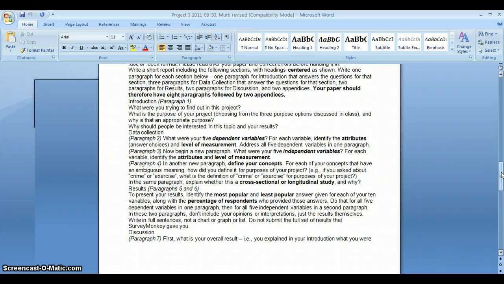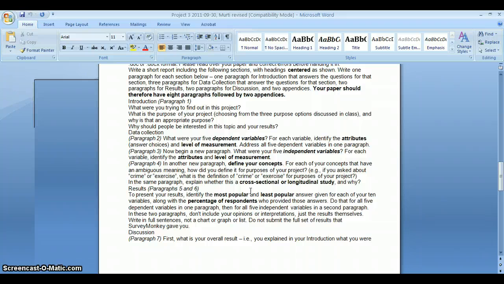You're introducing your topic, saying why it's interesting, what you were trying to find out, what was the purpose, and then data collection. This is where we get to the specifics of your survey. You answer in paragraph 2, what were your 5 dependent variables, and then identify the attributes, the answer choices for each dependent variable, and the level of measurement.